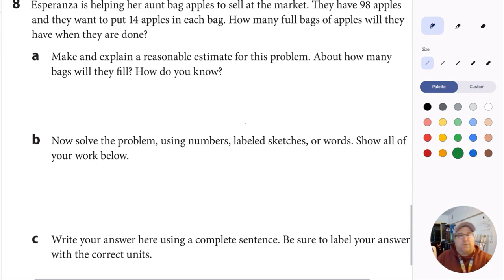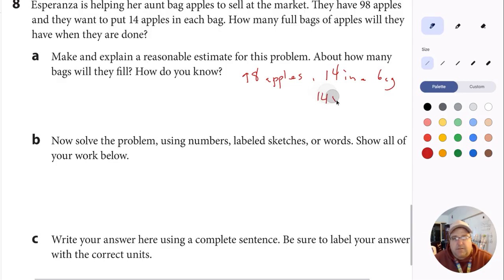Well, we do know that we've got, again, 98 apples with 14 in a bag. Okay. Well, let's say we can make 10 bags of apples. What's 14 times 10? That would be 140 apples.